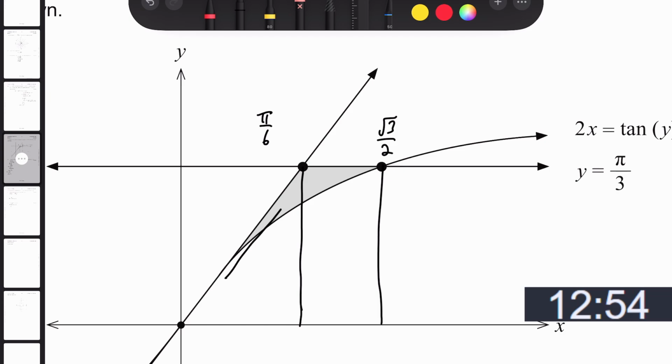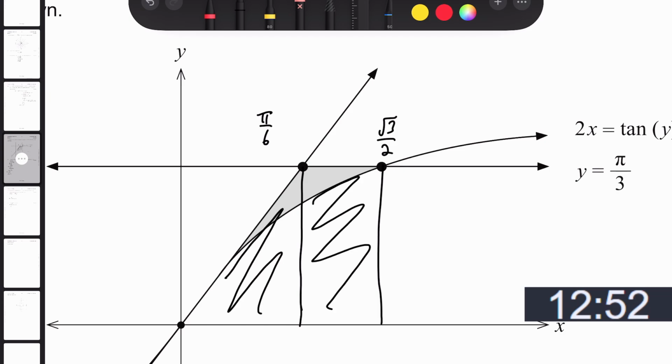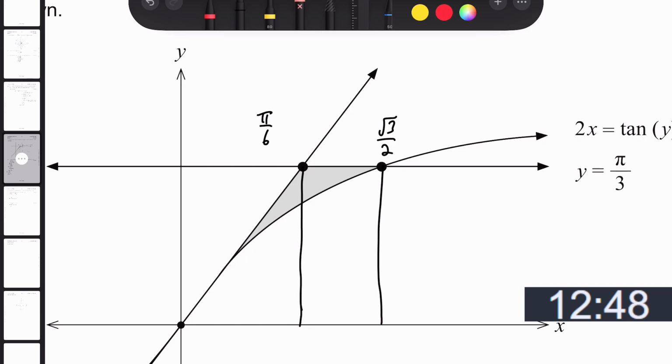What if I say it's this triangle, this rectangle, and we just take away the area underneath?